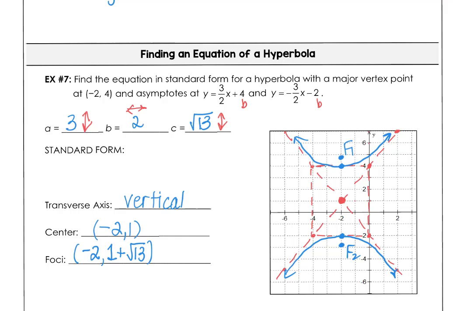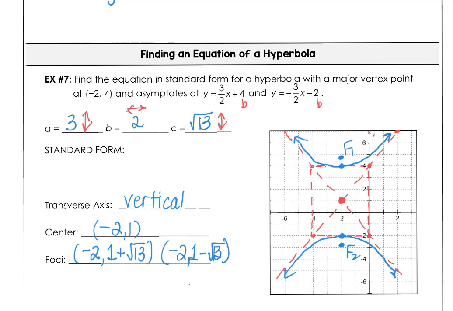And then trying that again, first we're going to go -2, to the left, 1 up, and then subtract the square root of 13, and then we're there. So that second one is -2 and 1 minus the square root of 13.